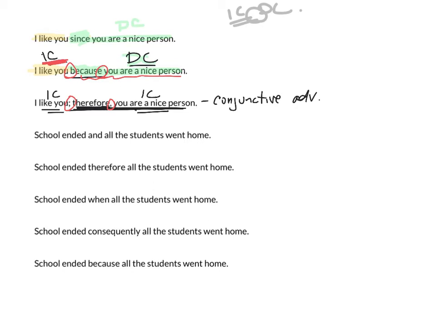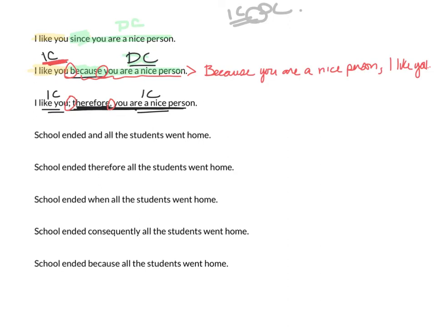If I wanted to turn this sentence here into a DC, IC, how would I do it? All I did was the standard flip-floppies that I've already done. Here's my subordinating conjunction. It's attached to the front of my less important idea, my dependent clause. You then have the comma. You then have the independent clause.